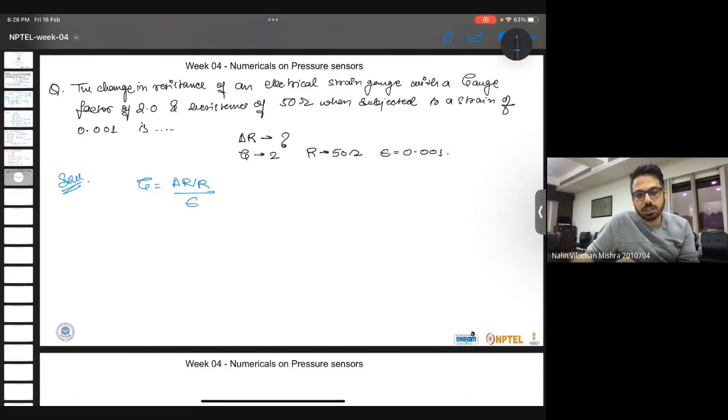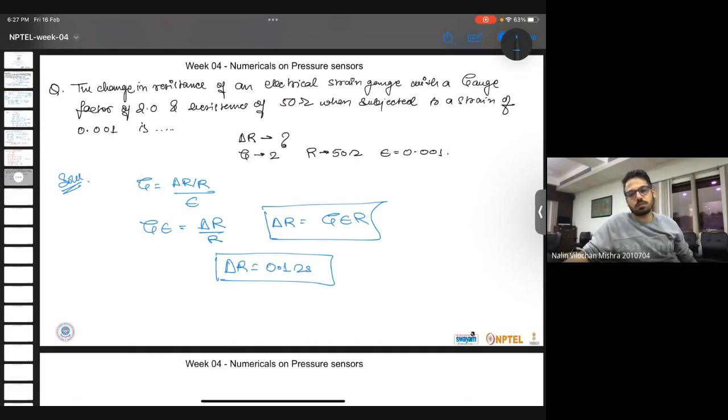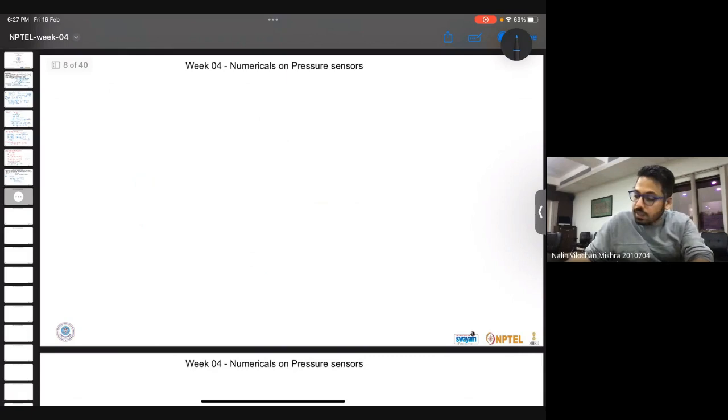We need to calculate the change in R. So it can be rewritten as this, and then the value of change in R is coming out to be 0.1 ohms. Okay, let's move to next question.